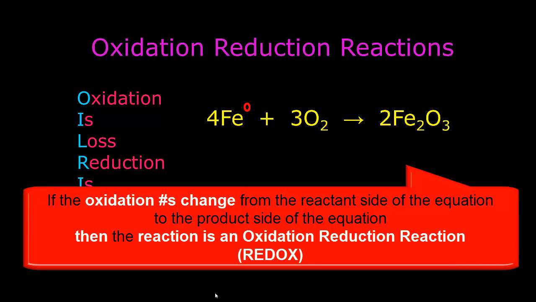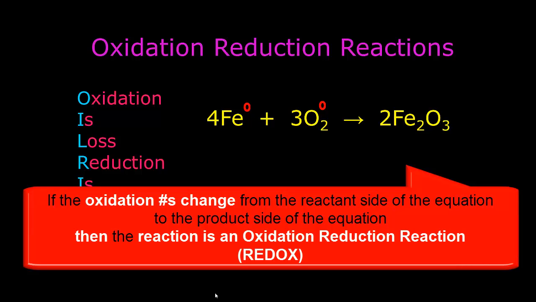Oxygen, also, O2 has an oxidation number of 0, all of it together. Now Fe2O3, that's an ionic bond. Fe is a metal, O is a nonmetal, so they have ionic bonds.